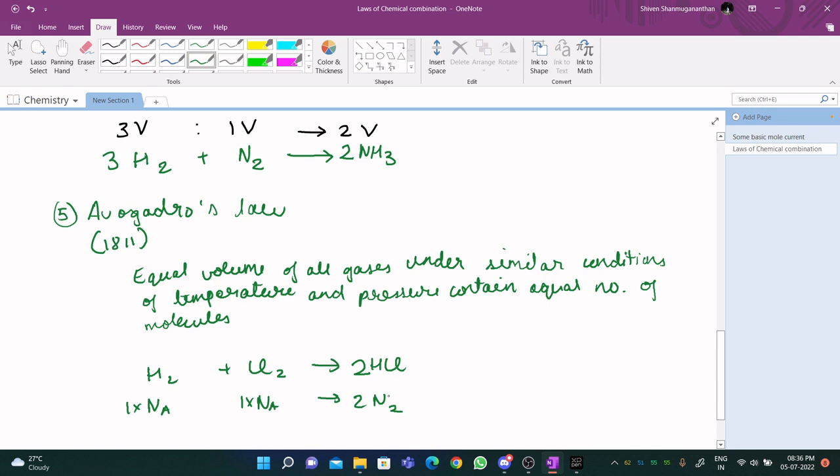Equal volumes of all gases under similar conditions of temperature and pressure contain equal number of molecules. Now I will write Avogadro's number here as well because it's a very important number and you will use it throughout chemistry. So Na is equal to 6.022 into 10 to the power 23.